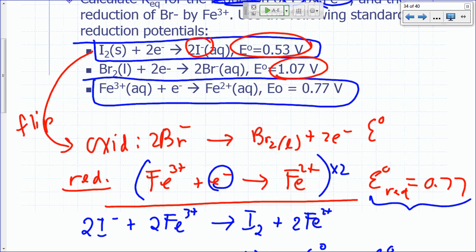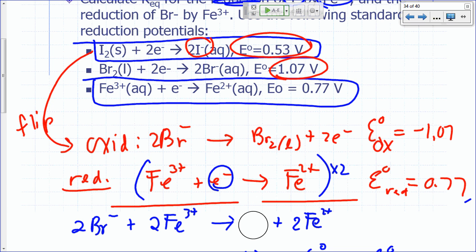The oxidation potential for this is negative 1.07. So when you add up the two, instead of iodide here, you're going to have 2 bromides, and instead of I2 over here, you're going to have Br2.